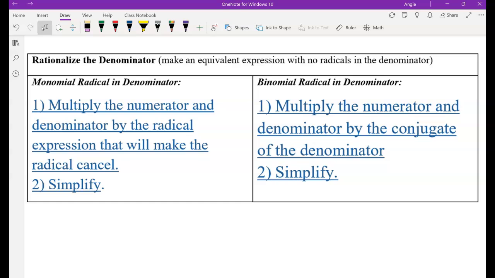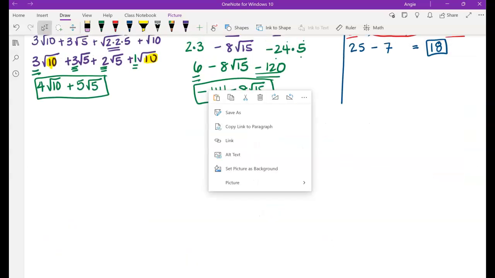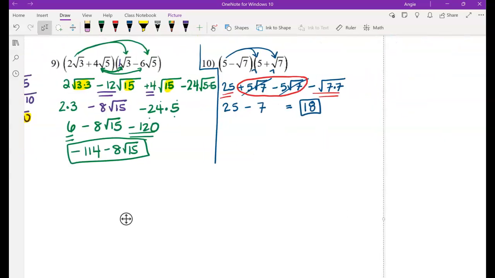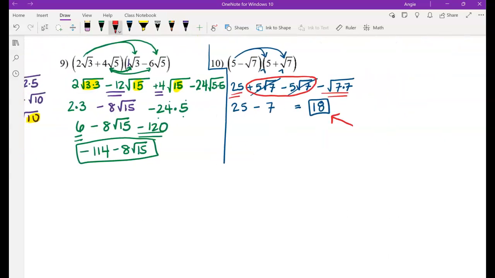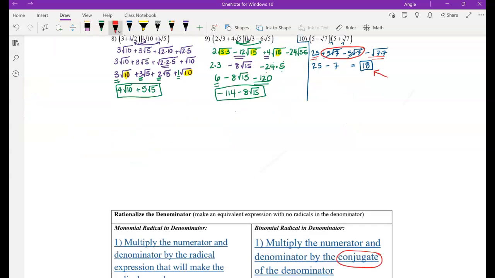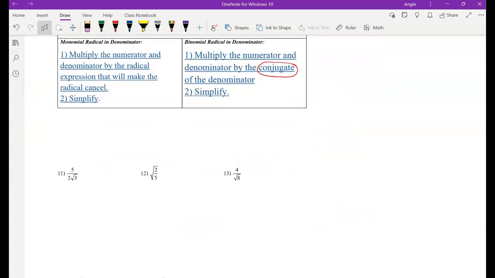If you have a binomial, students, in the bottom, then you are going to multiply by the conjugate, okay? And the reason we multiply by the conjugate is if we look at this example 10 right here, when you multiply the conjugate, you only have to multiply the first two terms and the last two terms, and the final answer would never end up with a radical. So, all right, let's try this one.